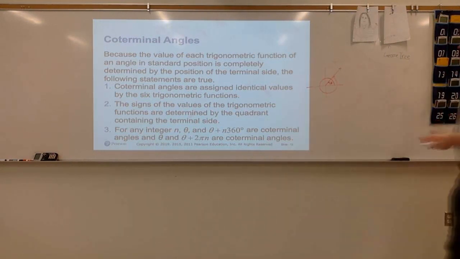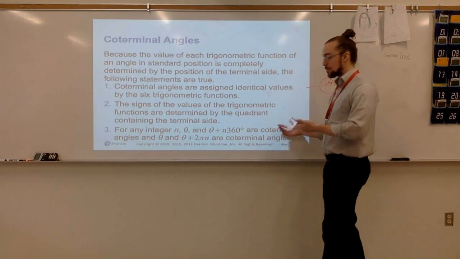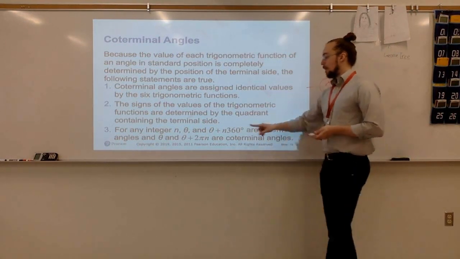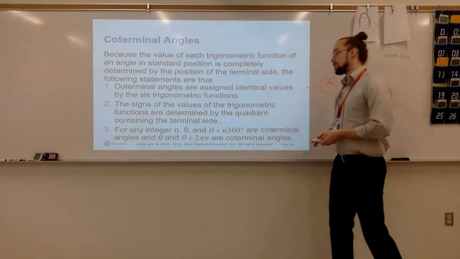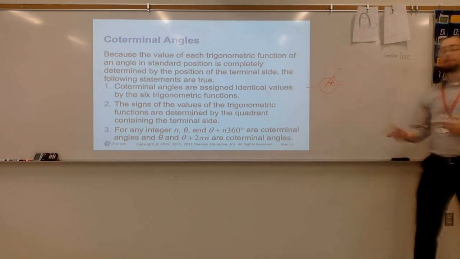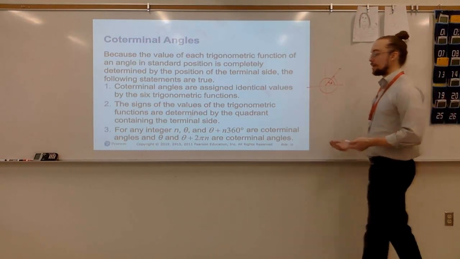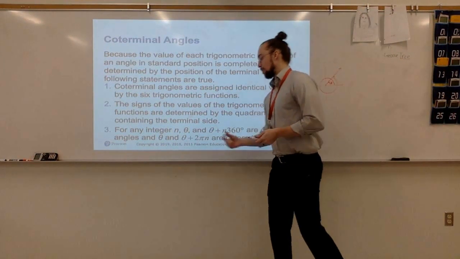So that's where this last bullet point comes from. And we talked about this a little bit already. If we add any multiple of 360 onto an angle, we'll end in the same spot, or if we're talking about radians, any multiple of 2 pi.